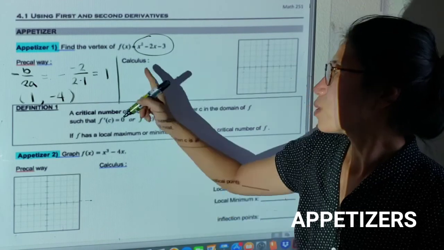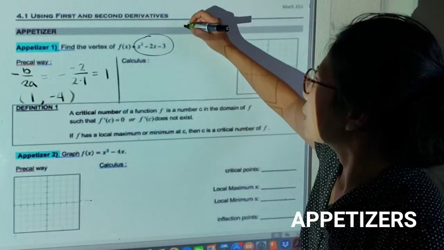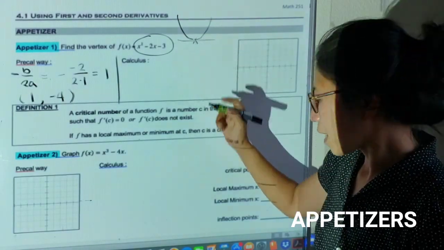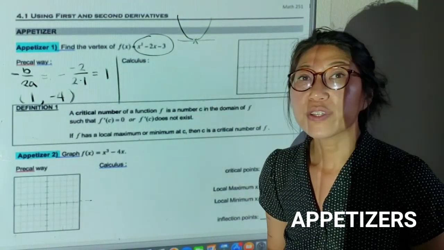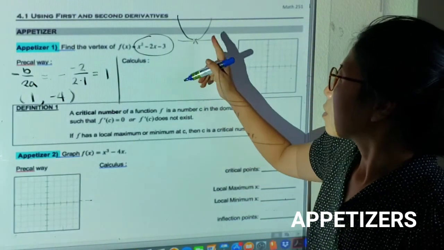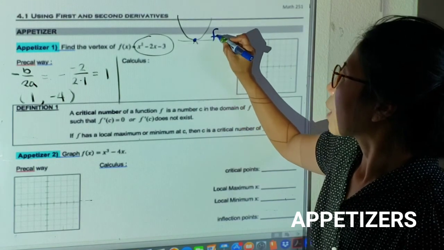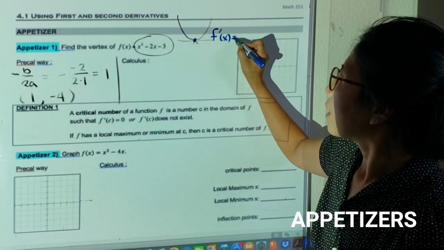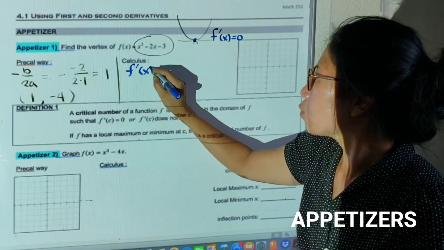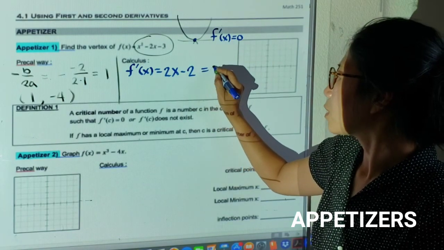This time, let's look at what we can do in calculus, because I know that the vertex means my graph looks like this, and the vertex happens when my derivative function, which is the slope, is equal to 0. That means the slope is 0. So I'm going to take a derivative and set it equal to 0. The derivative is 2x minus 2, which has to be equal to 0.